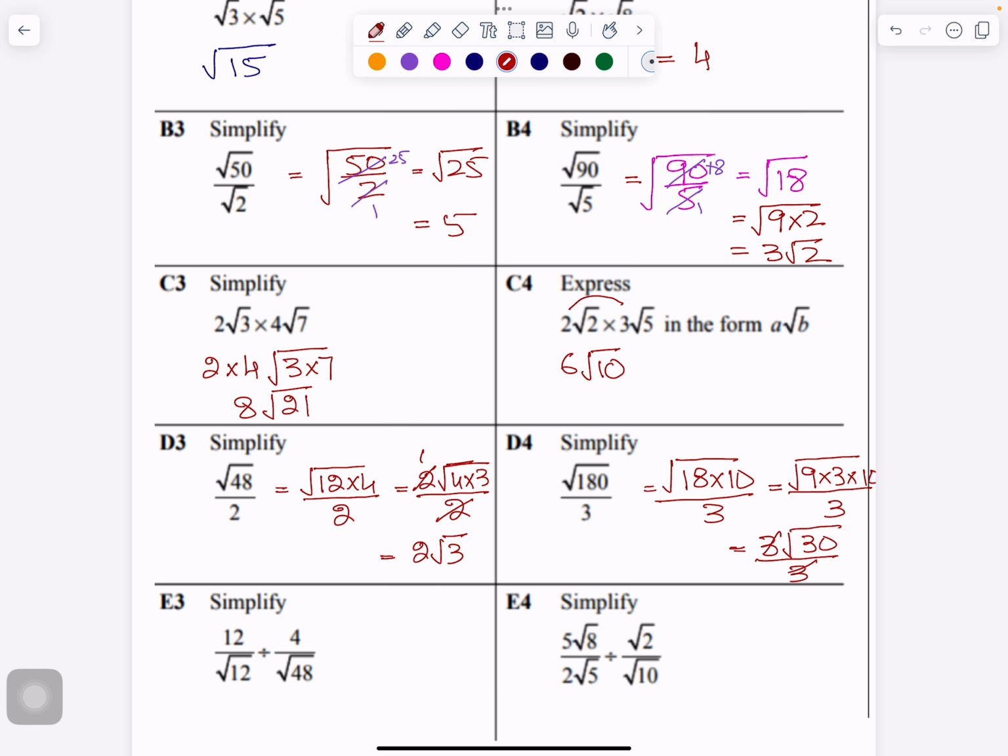This 3 I'm cancelling. If I see root 30 can be written as 3 into 5 into 2, I cannot do anything. So I will keep it as root 30.